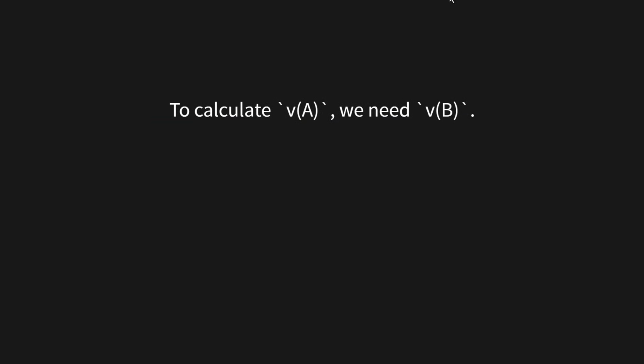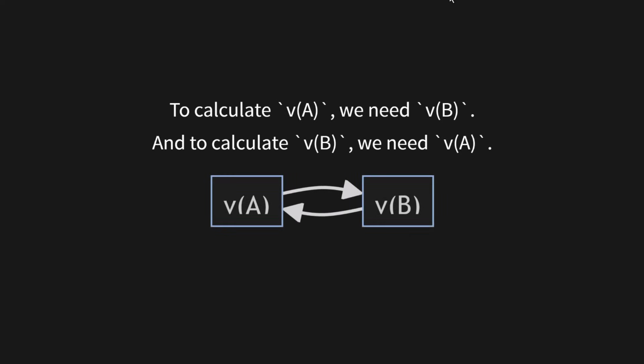To calculate the value of A, we need the value of B. And to calculate the value of B, well, we need the value of A. Look at this diagram. It's a perfect circle, a circular dependency. Each state's value is defined by its neighbors, who are in turn defined by it. It's like a system where every number is pointing to another number, with no ground truth to stand on.